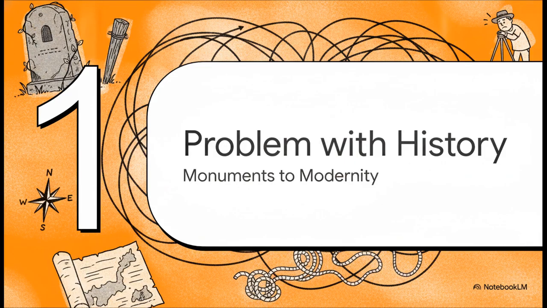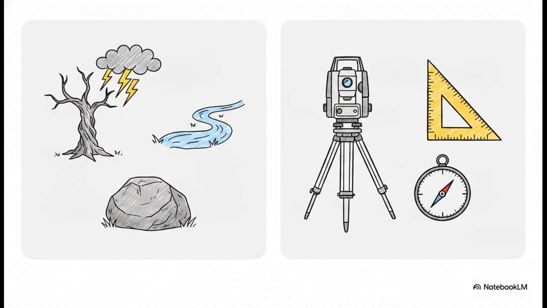Okay, Section 1. The problem with history. Monuments to modernity. Let's look backward for a second to see why these modern methods were even invented in the first place. Historically, property was often described using physical landmarks, or what they called monuments. Imagine looking at an old deed that says your land goes from a winding creek over to a large oak tree.